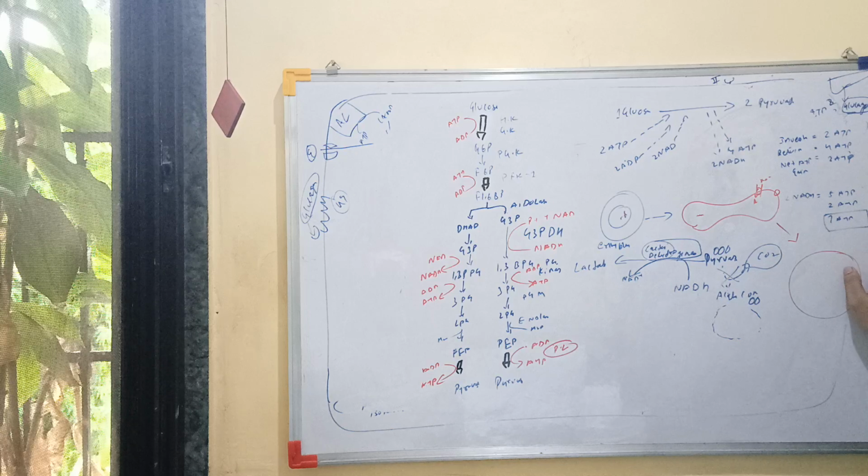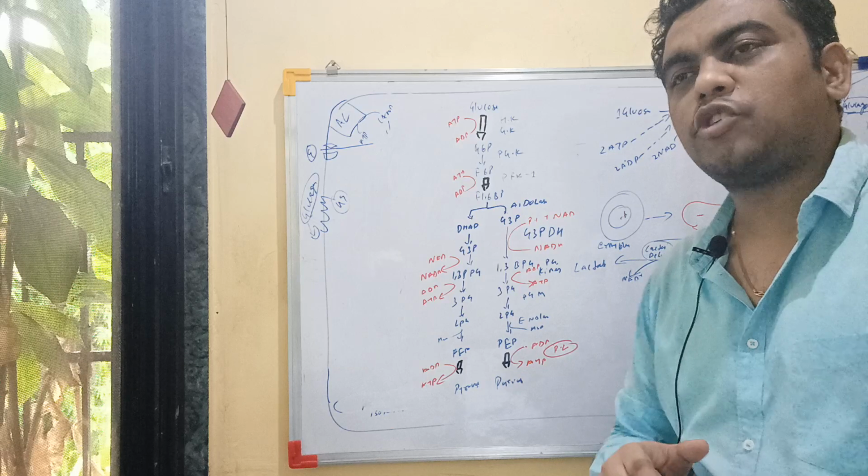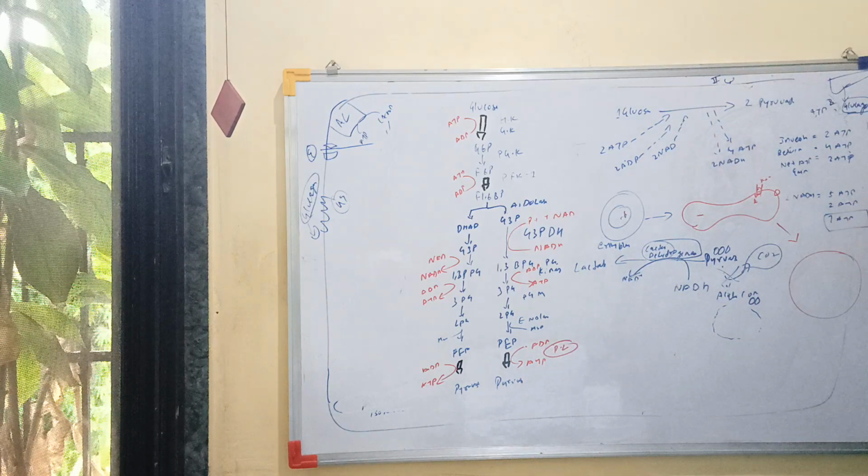Are you understanding what I am saying? Hemolysis happens for many reasons, and premature hemolysis also happens for many reasons. One of the reasons is this. Specifically in glycolysis, there are two enzymes which, when deficient, can cause problems.